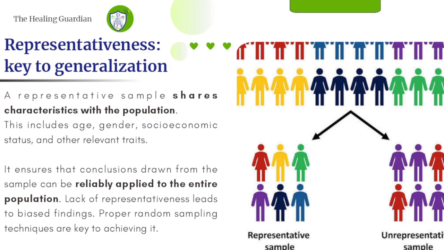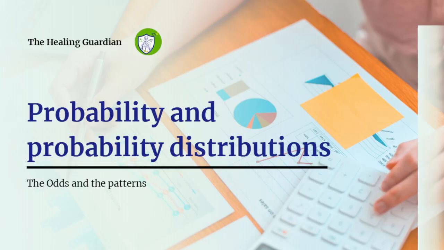It ensures that the conclusions drawn from the sample can be reliably applied to the entire population, because if it is not representative, we suggest that there is a lot of bias and variability. So it is only representative samples that are efficient.